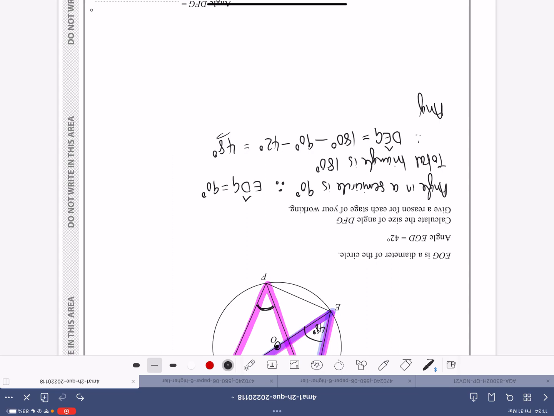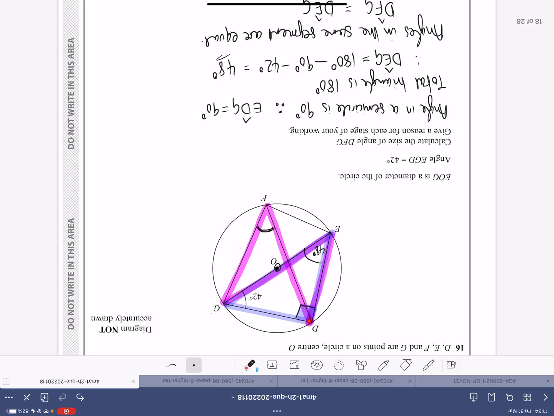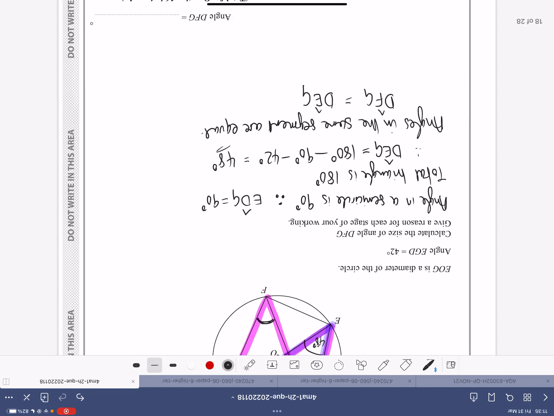So angles in the same segment are equal. That means D to F to G is equal to D to E to G, because we start and finish at the same point and go above this line here. If we went there, that wouldn't be 48. But anywhere we go in here, it's always going to be 48 degrees. So that one there, that's 48 degrees. So DFG is 48 degrees.